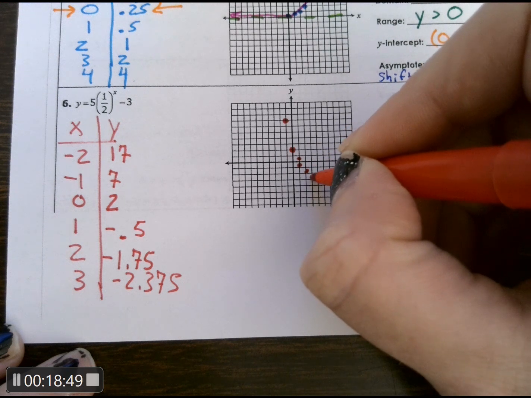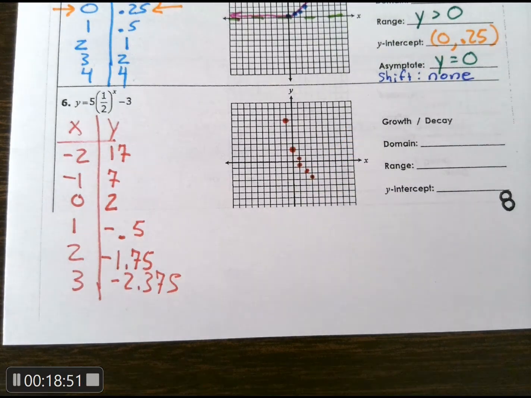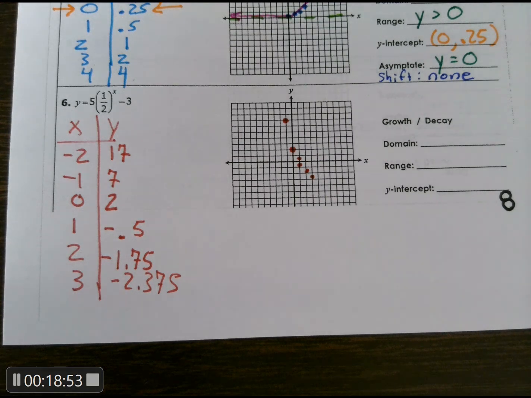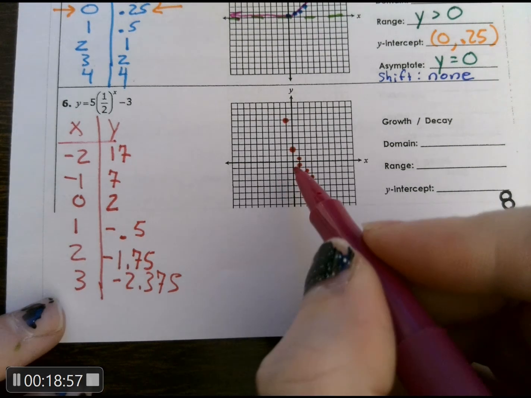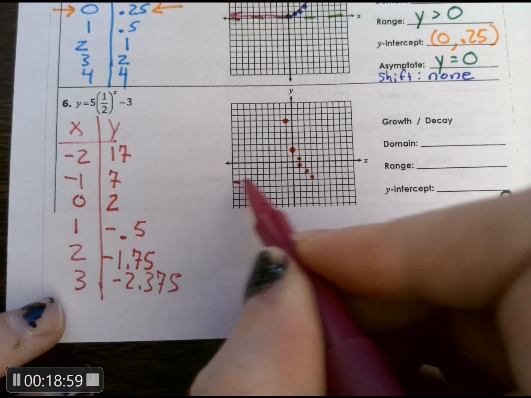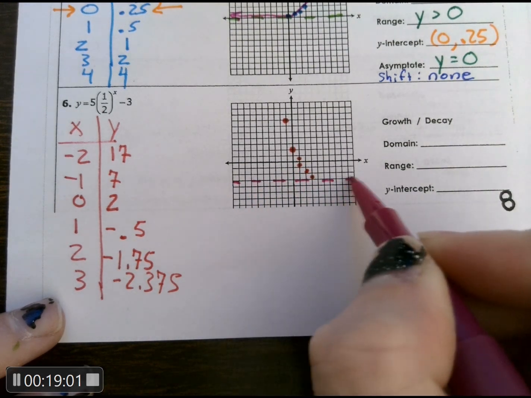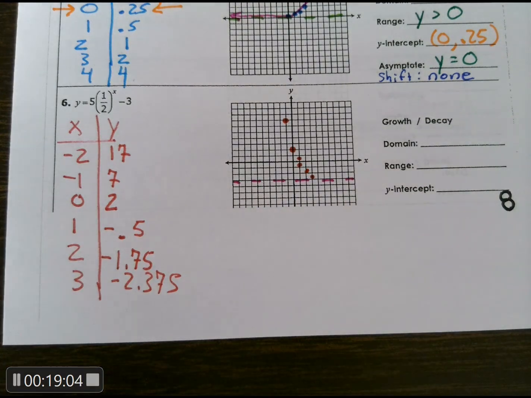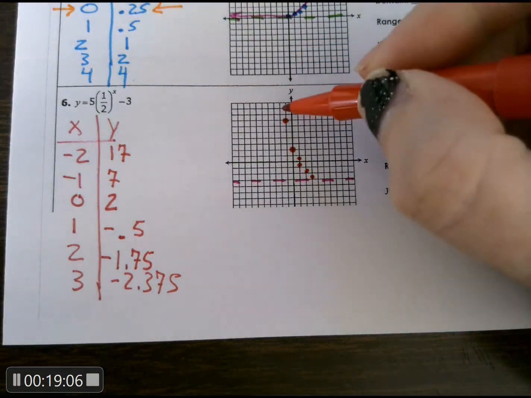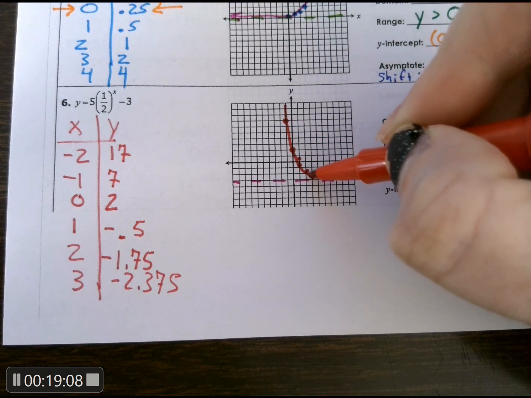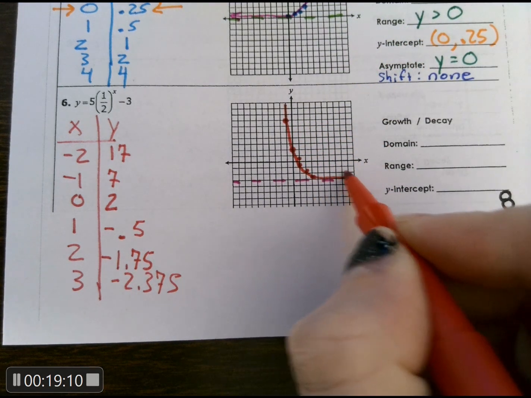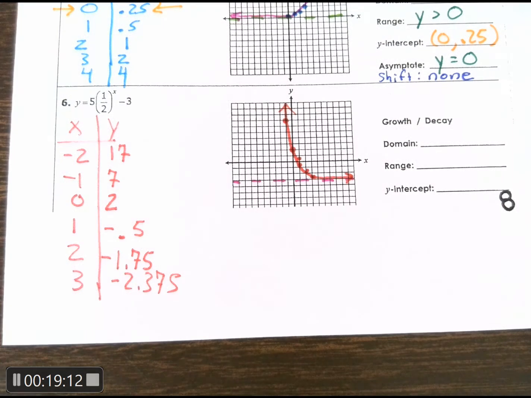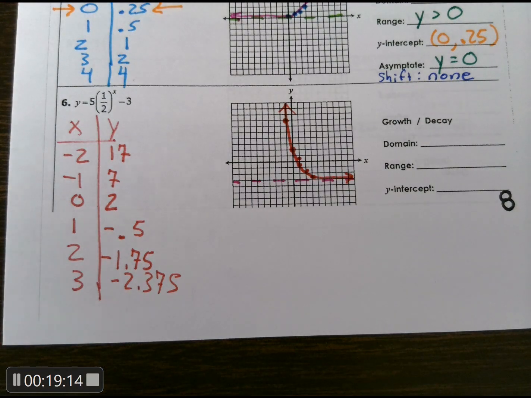And then we have 3, negative 2.375. And then our asymptote this time is at negative 3. So then we can just draw our line. Good.